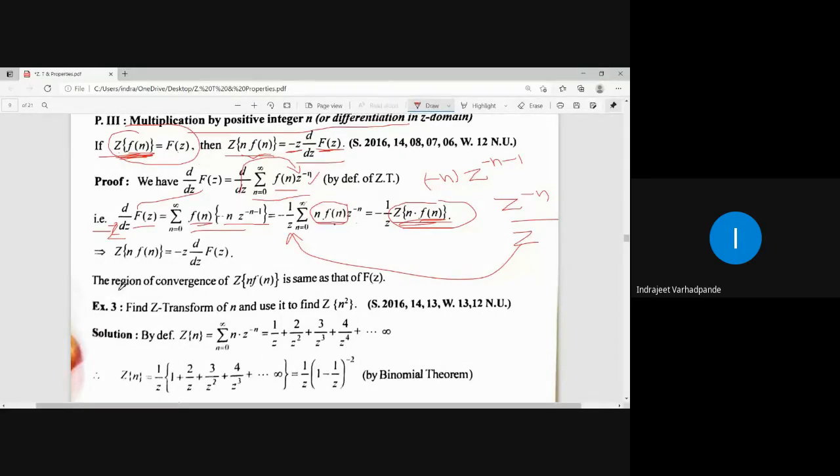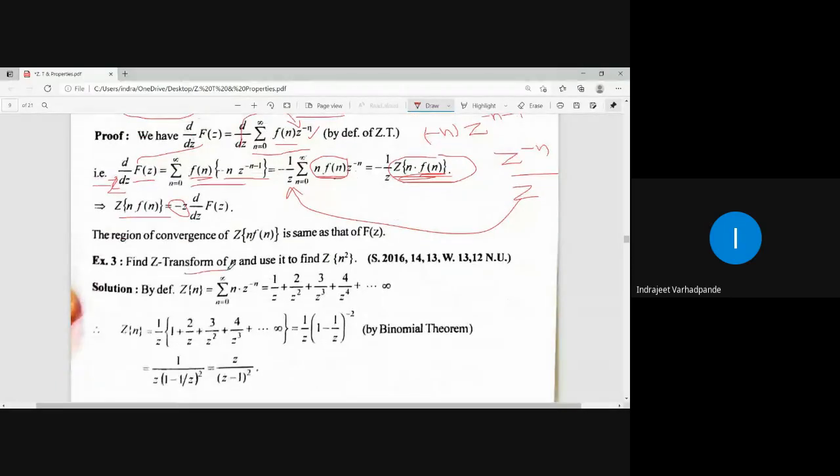So the z transform of multiplication by n gives you the differentiation of f of z multiplied by minus z. How do you calculate the z transform of n? And we have to use it to find the z transform of n square. n square can be written as n into n. So which property will be applicable there? The multiplication by n property will be applicable.